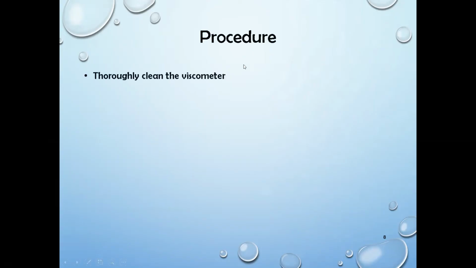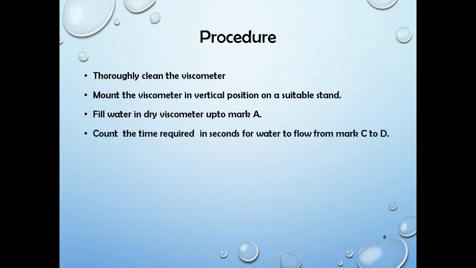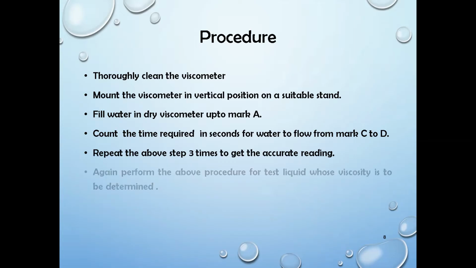So we'll just quickly overview the procedure. First, you have to thoroughly clean the viscometer, then mount the viscometer in a vertical position on a suitable stand. Then fill water in the dry viscometer up to mark A. Then count the time required in seconds for water to flow from mark C to D. Then repeat the above step 3 times to get an accurate reading.